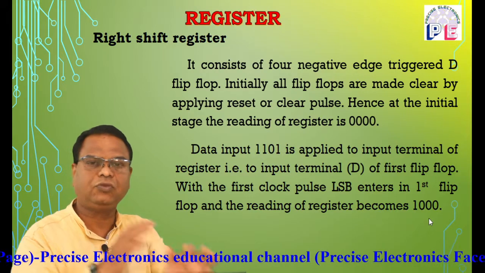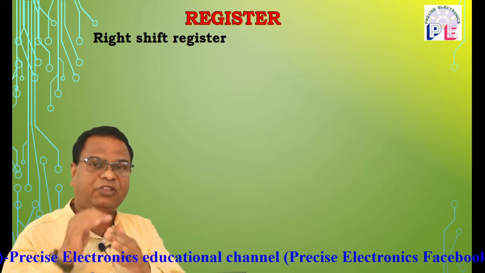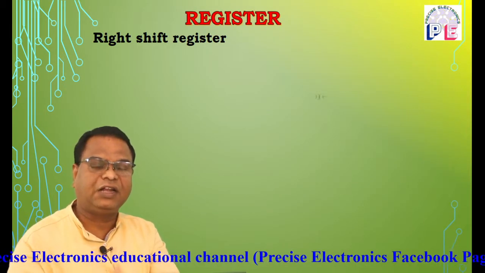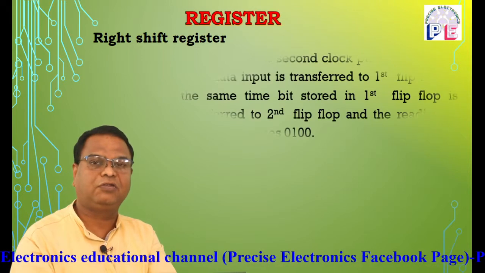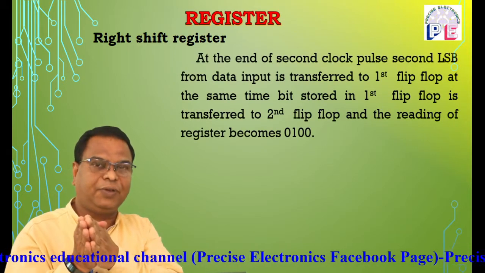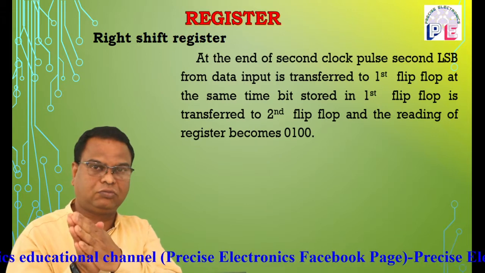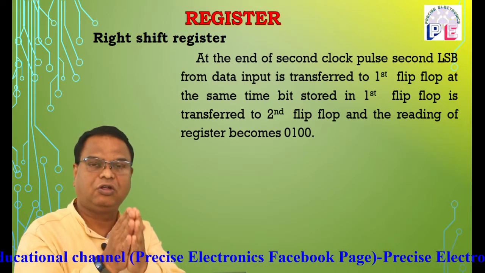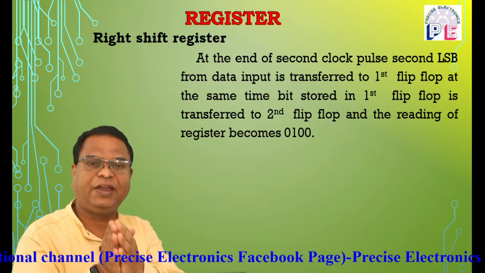Next, when the next clock applies, at the negative edge of the second clock pulse, the second LSB is entered. Data is 1101. What is the second bit from the LSB? It is 0.